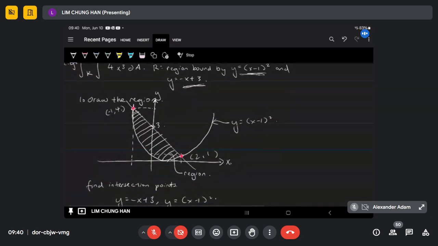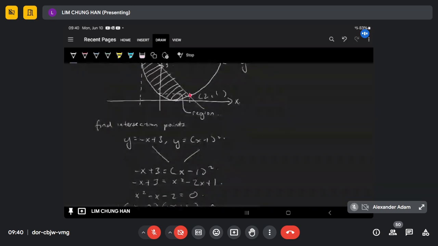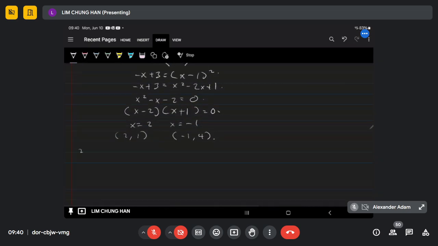You have your intersection points and you have your region. So now we set up integration. Let's say I want to do dy dx.